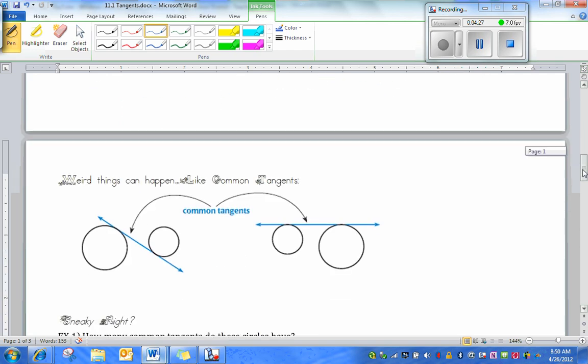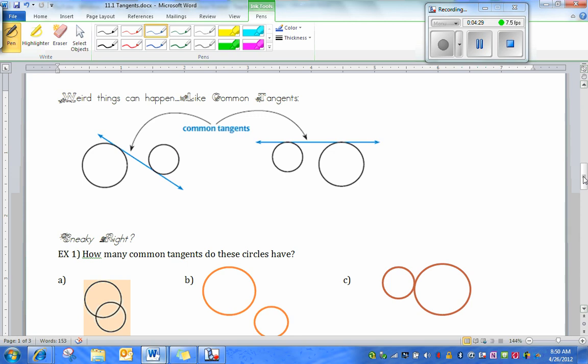Then if we go down here, what we're going to talk about is drawing tangents to 2 coplanar circles. If you look at these 2 circles, what I've drawn in here is the common tangent that they share. So these 2 coplanar circles have one tangent line drawn right now that they both share.